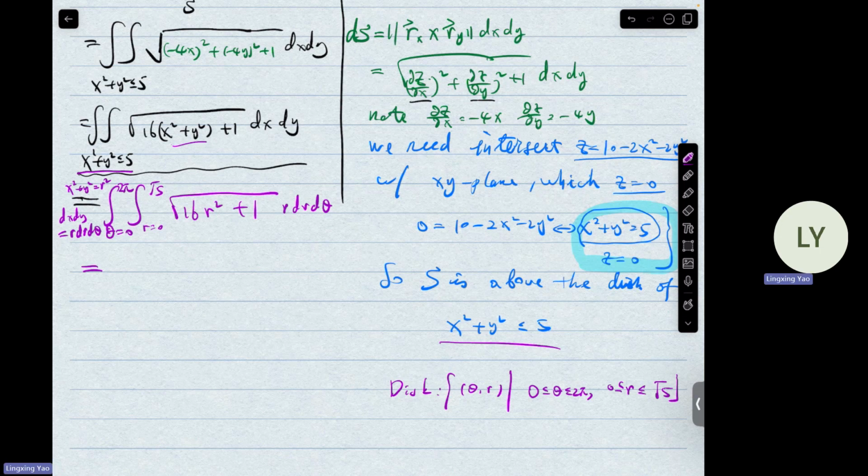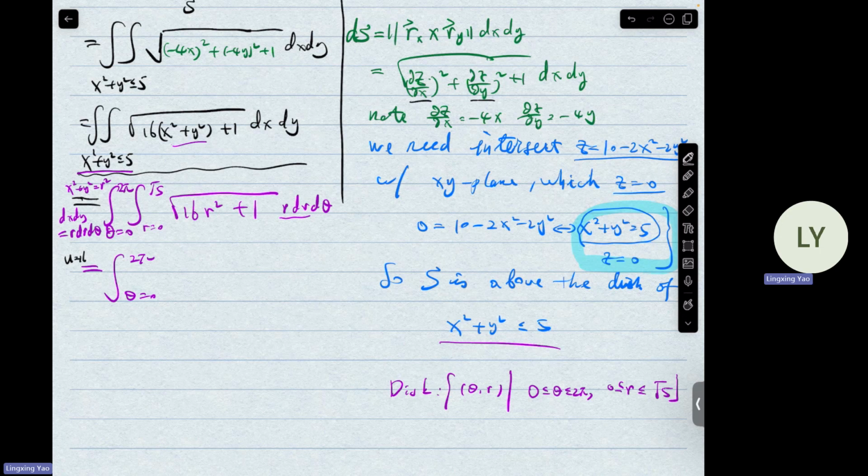Okay, so this is what we have. Theta is between 0 and 2 pi, and we can find an antiderivative. For r dr, I guess we have to use u-substitution again.